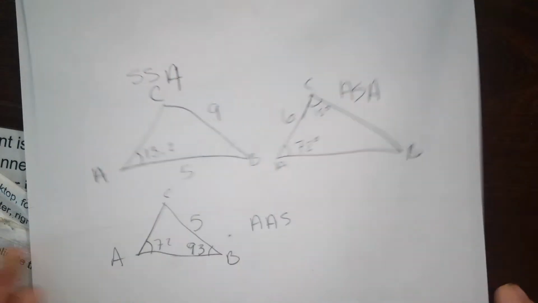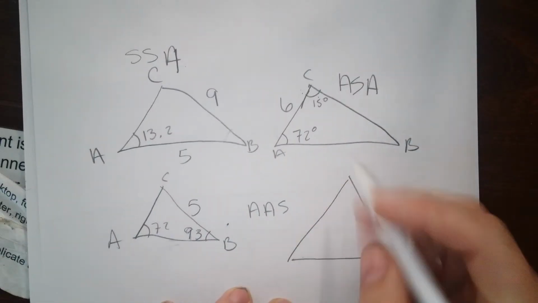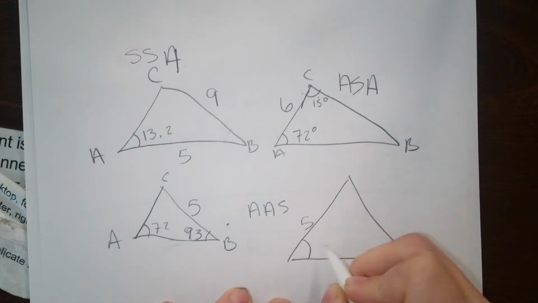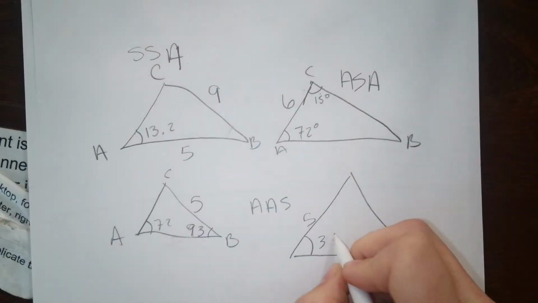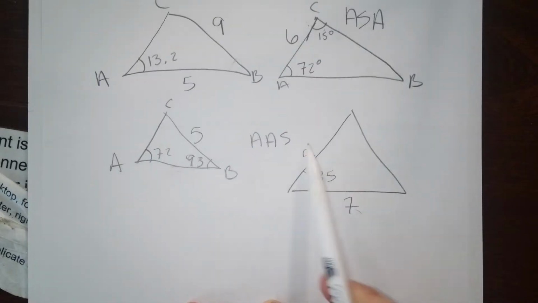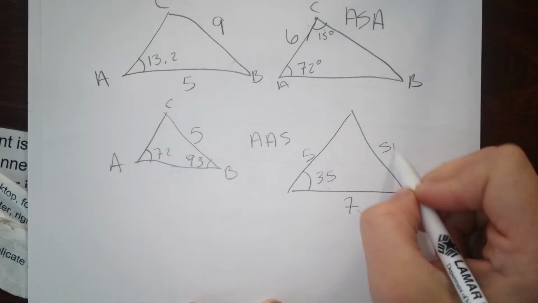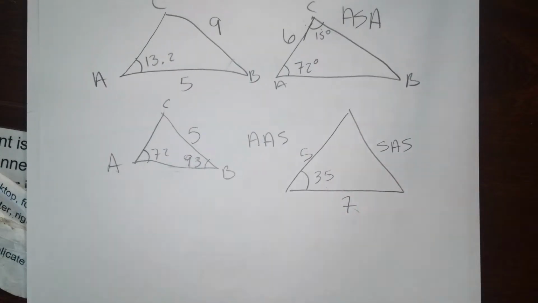What would that look like? Something like that: I have two sides and the angle that's in between them. So this would be side, angle, side, and here I would use law of cosines. And if I have all the sides and no angles, I use law of cosines. Okay?